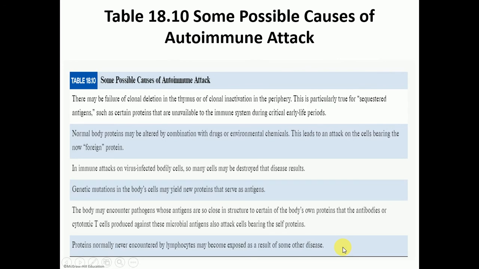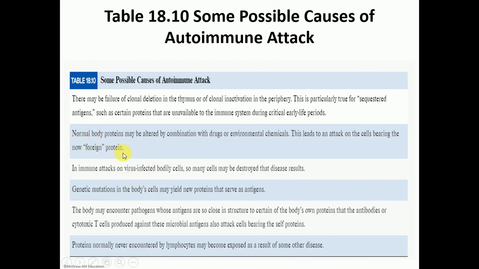So what are some possible causes of autoimmune attack? Your immune system was fine, and then all of a sudden it cannot identify your own cells. There are so many different possibilities, which means that we're not really sure what the exact cause is, or whether everybody has a different reason. It could be due to failure of the clonal deletion that we talked about, which should have happened in the thymus, or the clonal activation in the periphery. Maybe this individual was fine, but got exposed to different drugs or environmental chemicals, which damaged parts of the immune system, so now they think of their self protein as foreign protein.